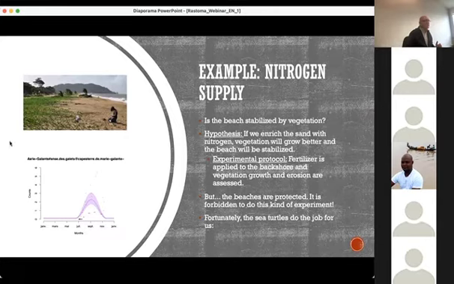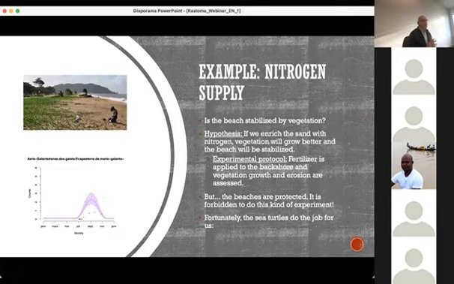This is a natural experiment. You don't ask turtles to come to deposit nitrogen. They are doing naturally, but what they are doing naturally can help you to solve a question about the impact of nitrogen on the vegetation and the impact of vegetation on the erosion.